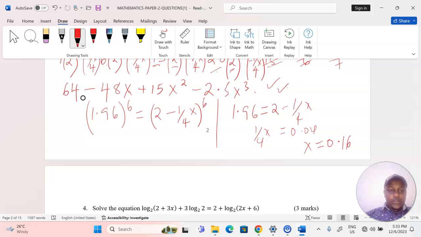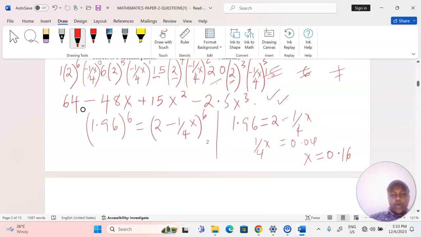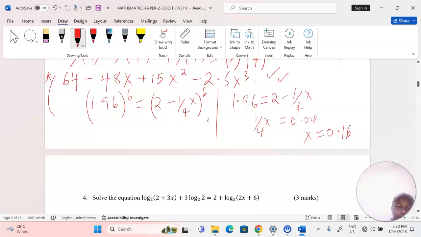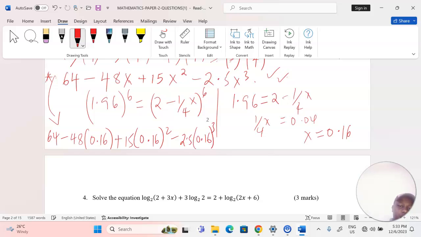Now what we should know is that we should go back to our expanded form, and wherever there is x, we substitute with 0.16. Therefore, I'm rewriting this expression such that we have 64 minus 48 times 0.16, plus 15 times 0.16 squared, minus 2.5 times 0.16 power 3.